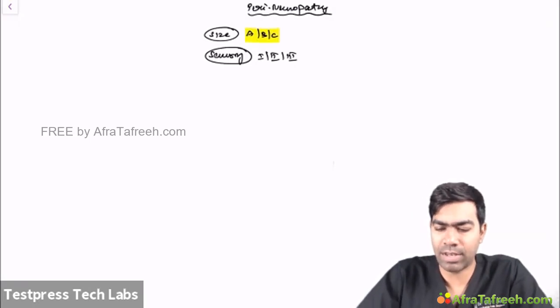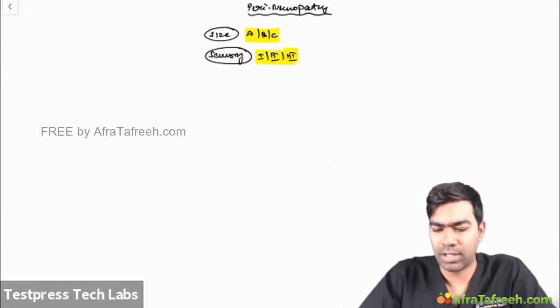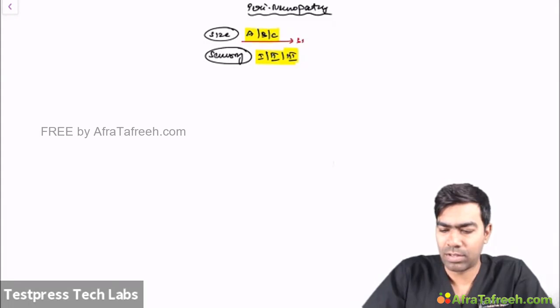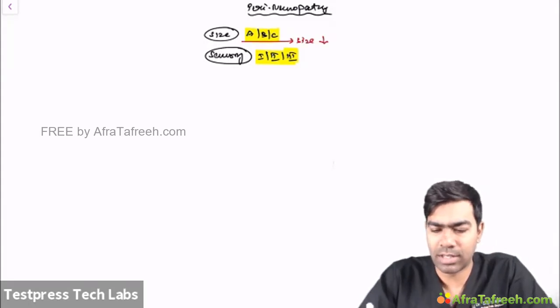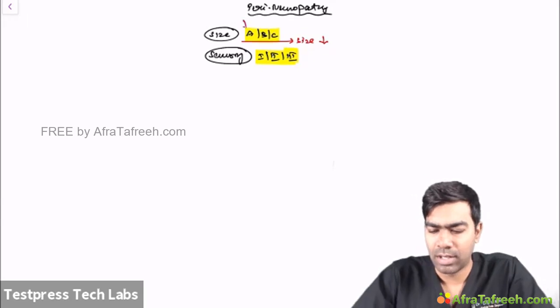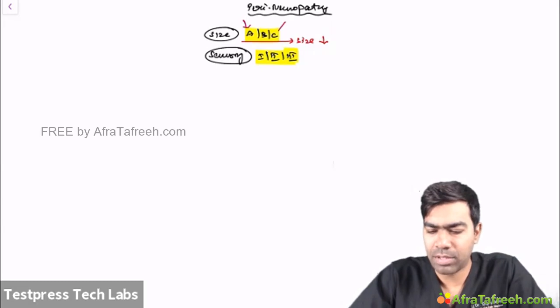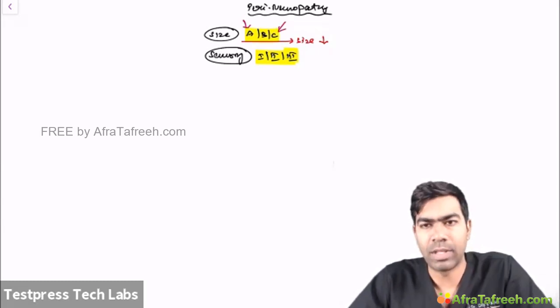Based on the size, we have A, B, C, and based on the sensation they supply, we have 1, 2, and 3. And we know the size of the nerve fibers decreases as you move from A, B, to C, which also means that the biggest or thickest fibers will be the A fibers and the thinnest fibers will be the C fibers.